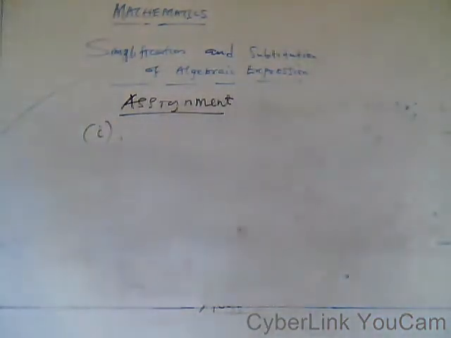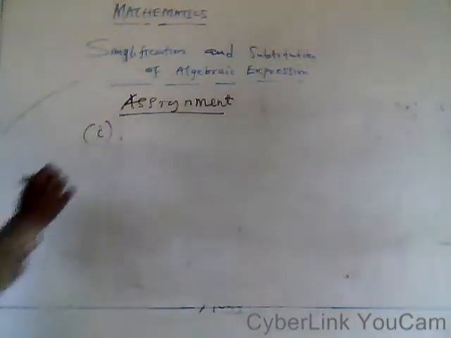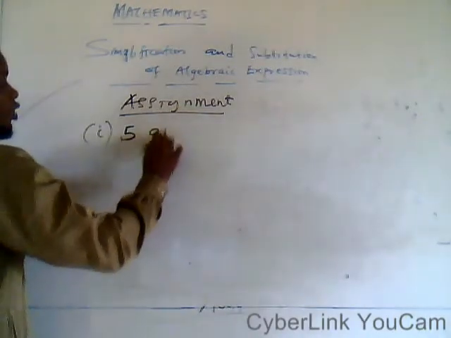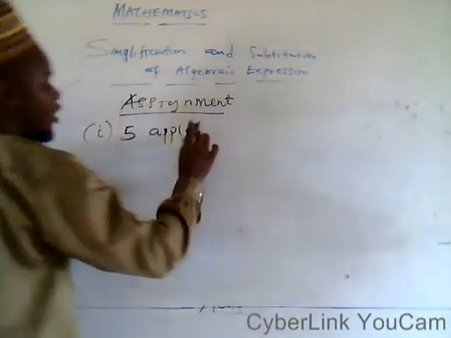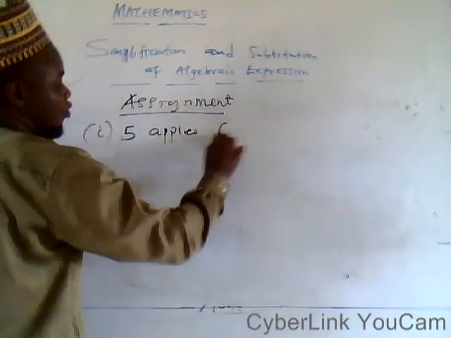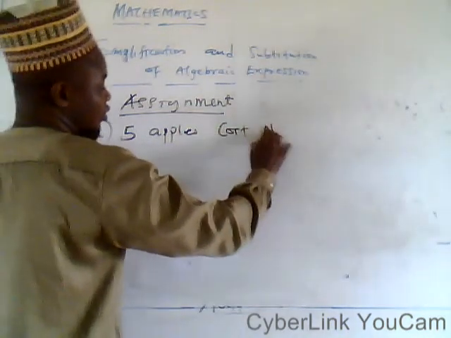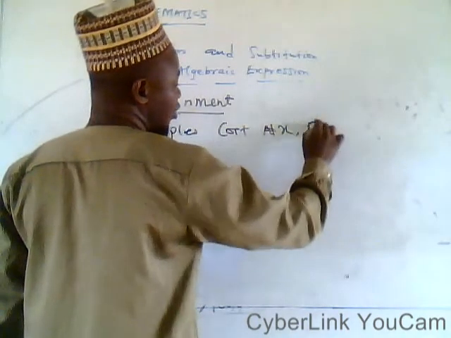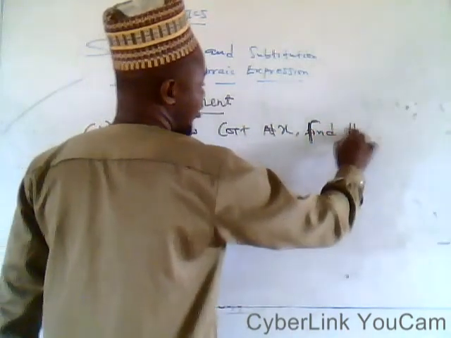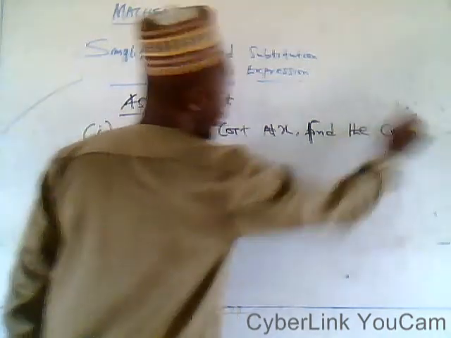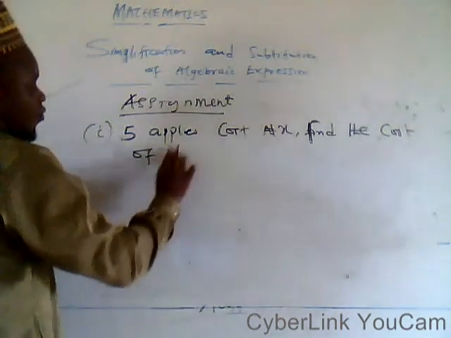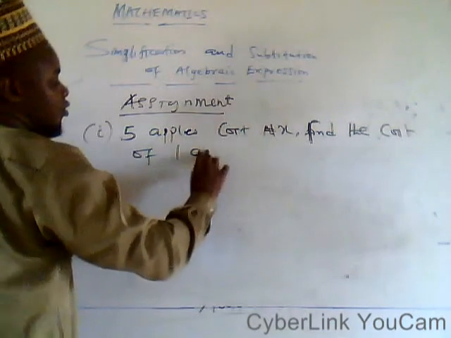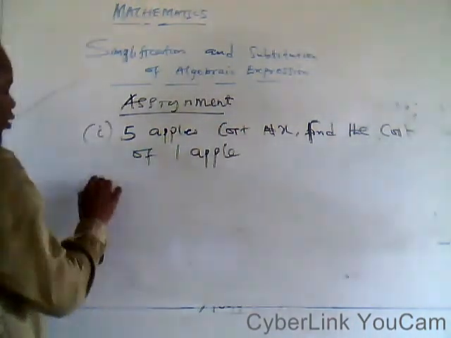The first one: you are told that 5 apples cost X naira. Find the cost of 1 apple.